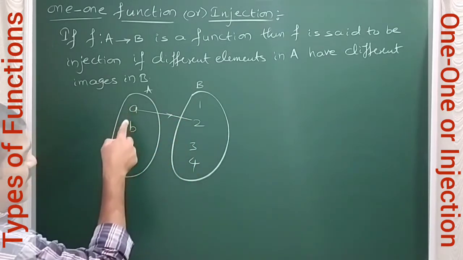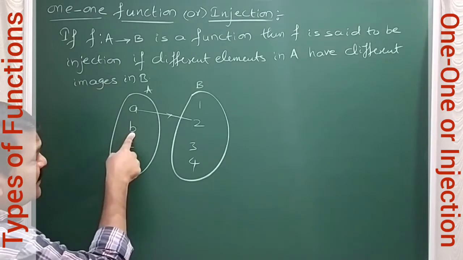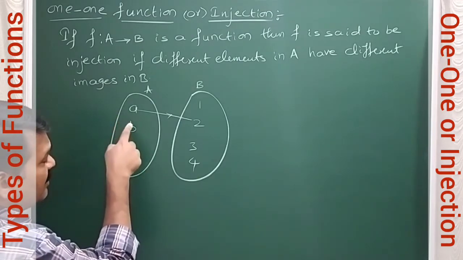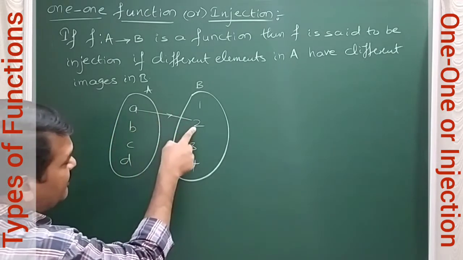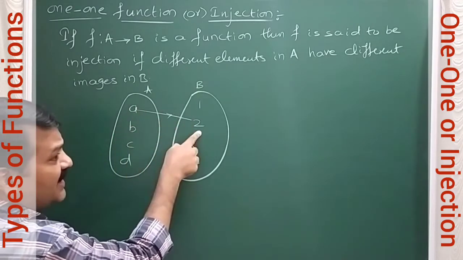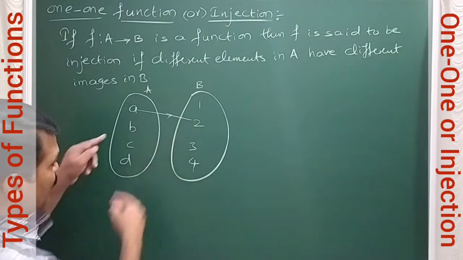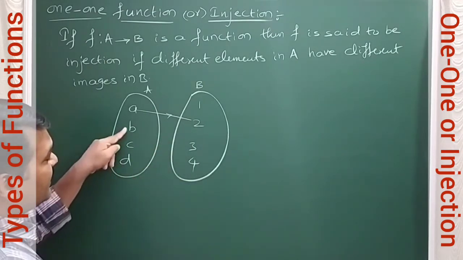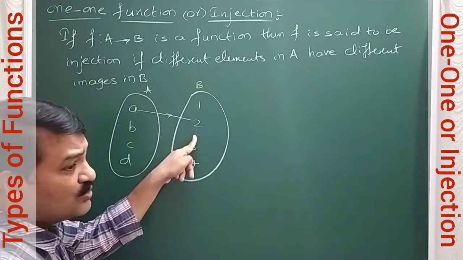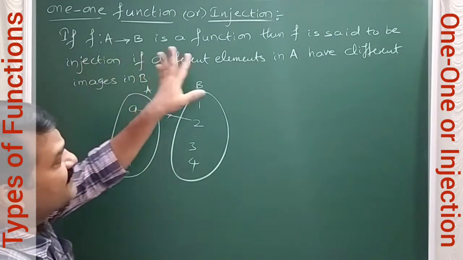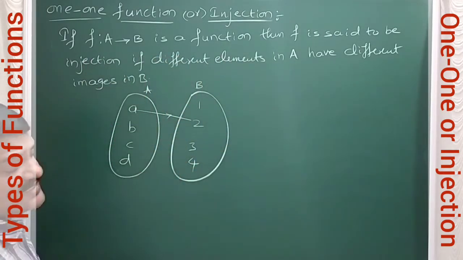When I go to a different element, it cannot have the same image as A. Already A is mapped to 2, so no other element can be mapped to 2 now. That is the meaning of different elements having different images.